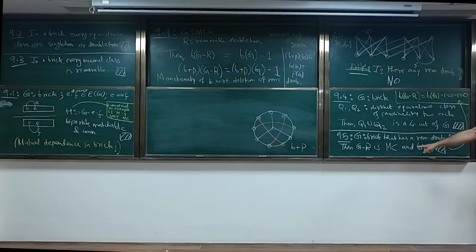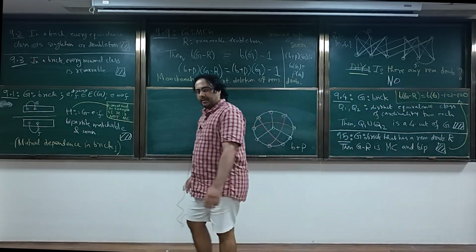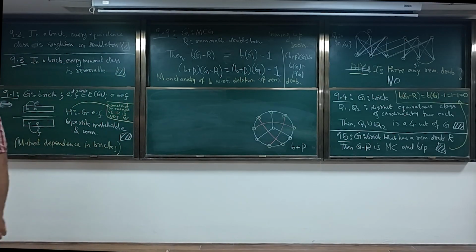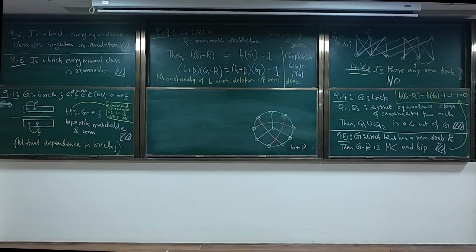We first thought about a brick, we already proved this, and then we saw the more general statement. Supposing I give you a brick that has a removable edge. So G is my brick, E is a removable edge. What happens to G minus E?